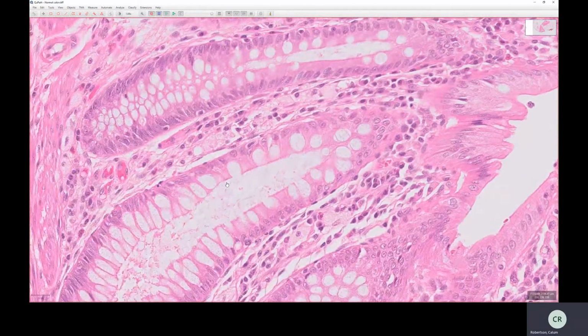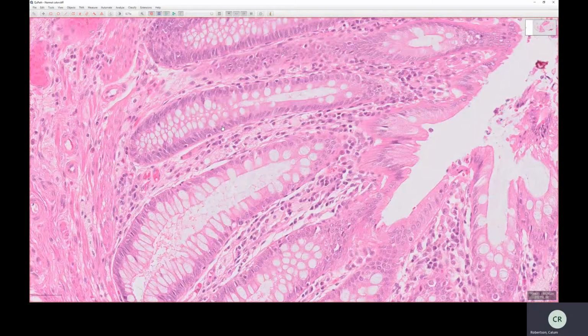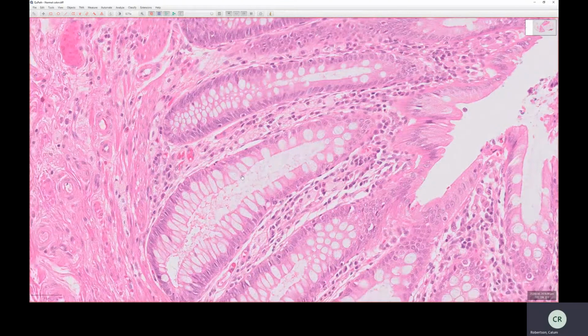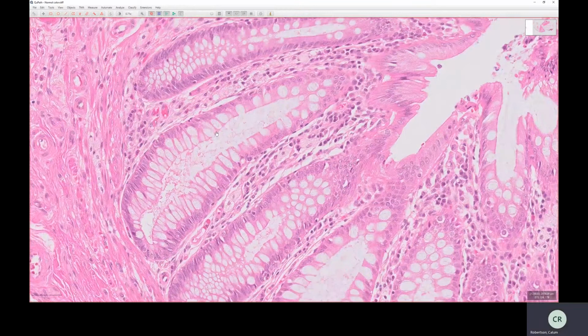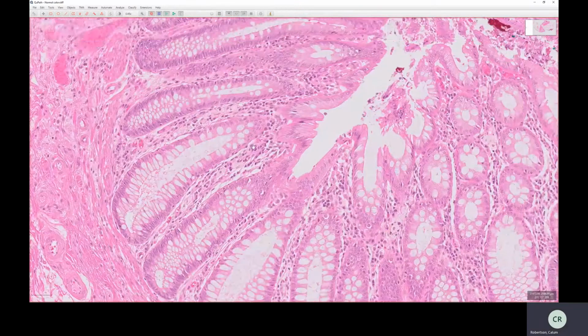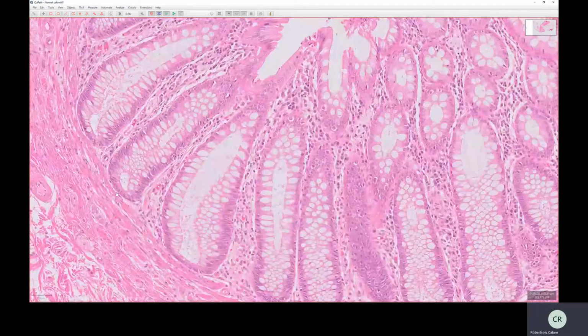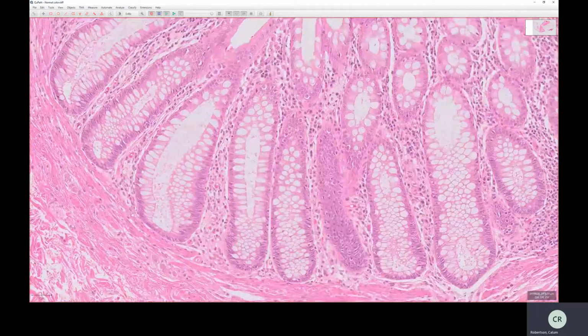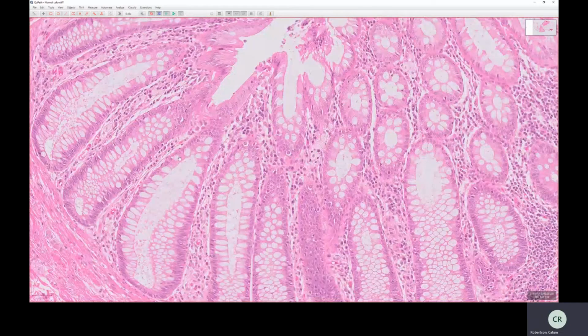Similar to the goblet cells that you saw in the small intestine, but they're much more numerous within the large bowel. That forms the majority of the cells, the absorptive enterocytes and the goblet cells. At the base of the crypts, there'll be stem cells which replicate and specialize to form the cells of the crypts and the surface.